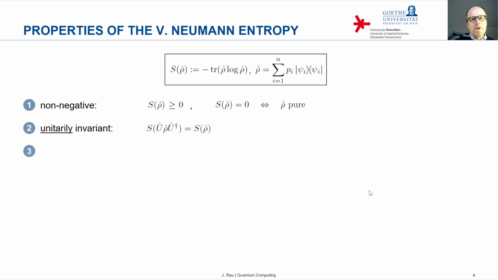Classically, when you relabel the outcomes of your experiment, then a permutation of the labels does not change the entropy, does not change your ignorance as to the outcome of the experiment. And the same here: when you rotate the basis, then this does not affect your knowledge or lack of knowledge about the outcome of the experiment.